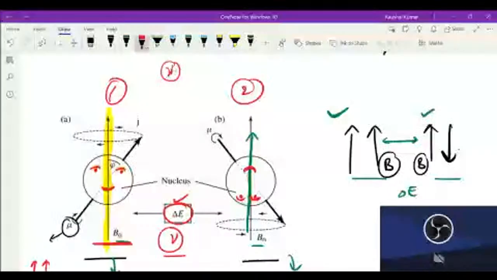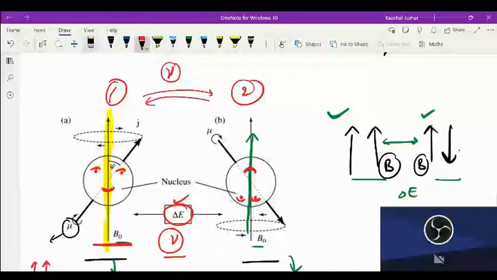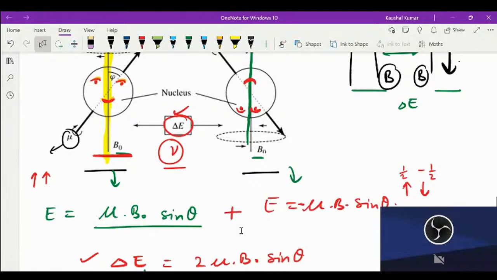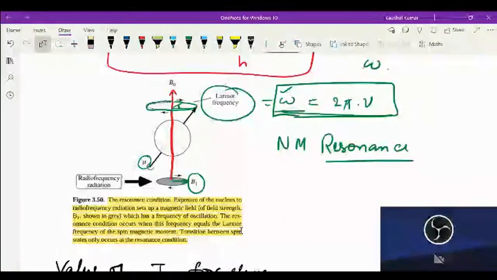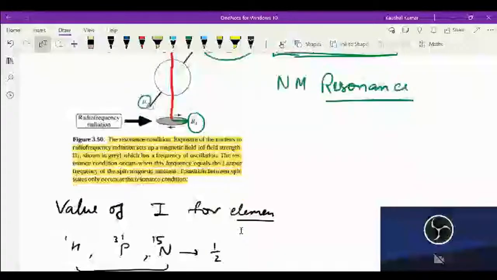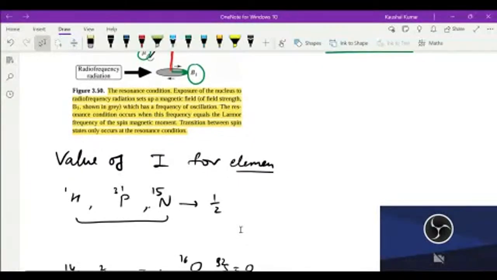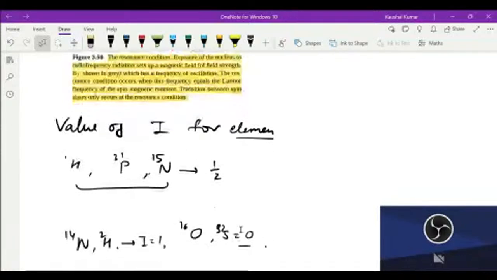You have to give the Larmor frequency, then only will there be resonance, and then only will it transform from this state to that. So you have to provide a Larmor frequency. Got it? You don't have to remember the values and equations for GATE B, IIT JAM or MS entrance exams, but if you are preparing for CSIR, you have to remember this.